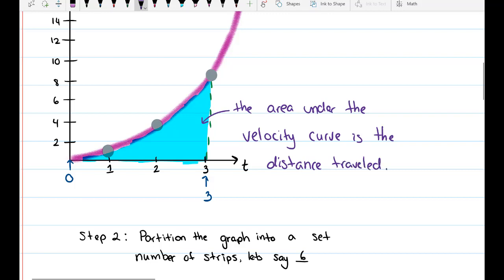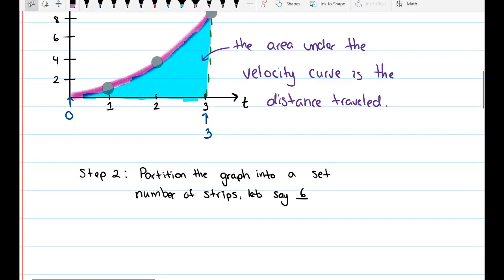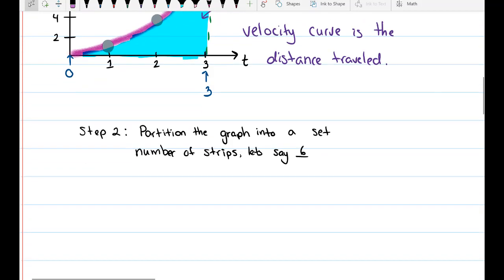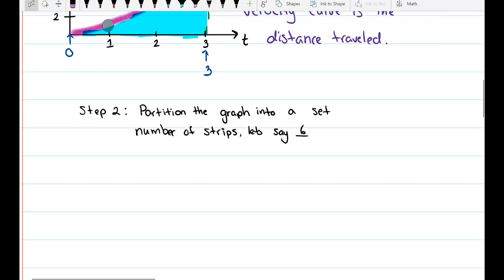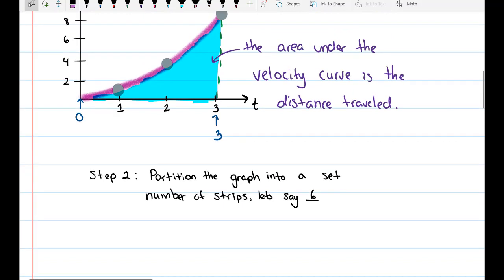And this would even work if, for example, the graph sloped down, because it takes into effect negative distance as well, and we'll get into that later. So we're going to separate it into 6 vertical strips. This means that there's 3, so I need to cut each of those in half again. Now I've got equal distance rectangles.